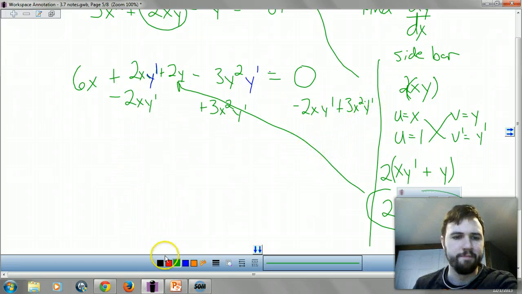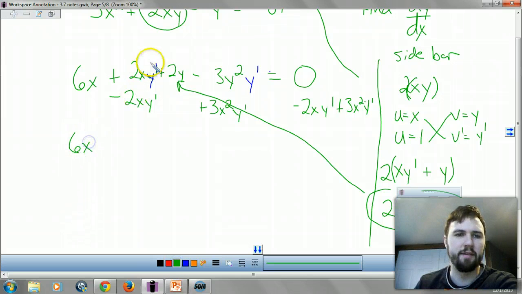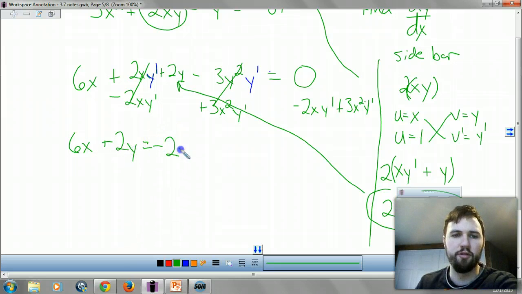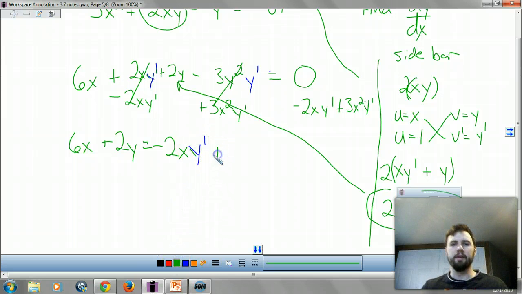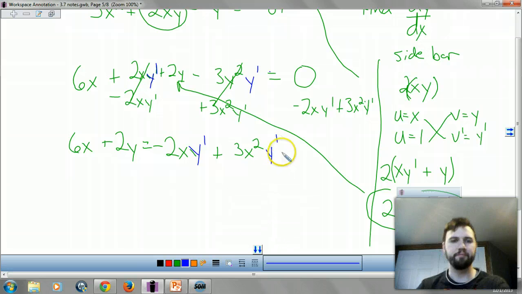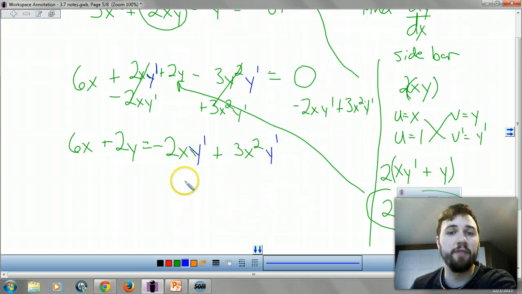So what I end up getting is 6x plus 2y equals negative 2xy prime plus 3x squared y prime.